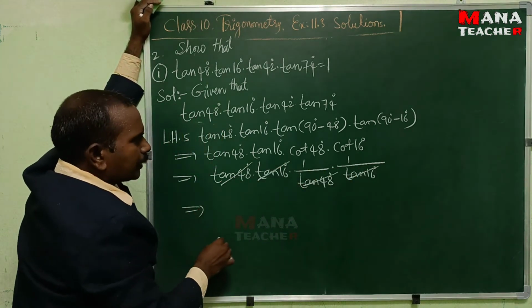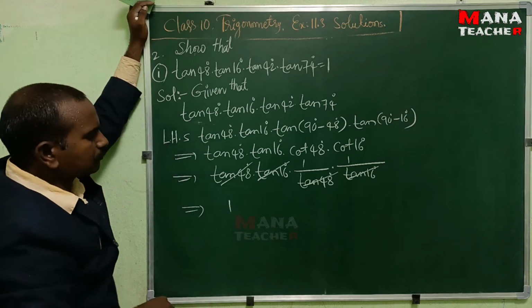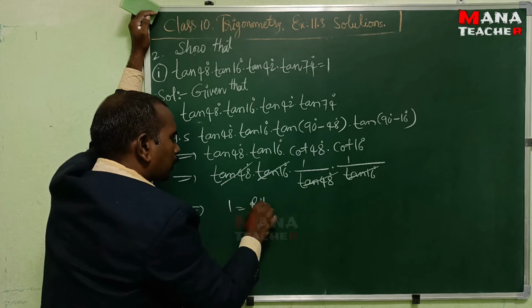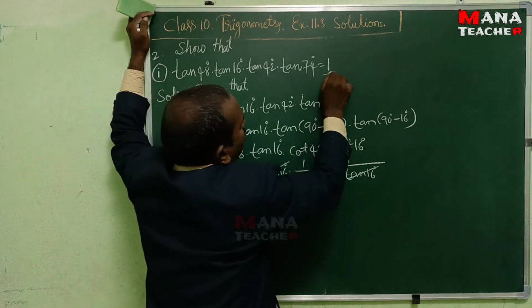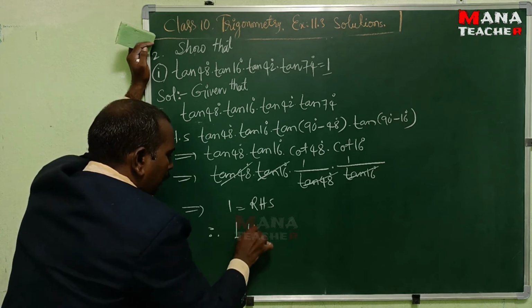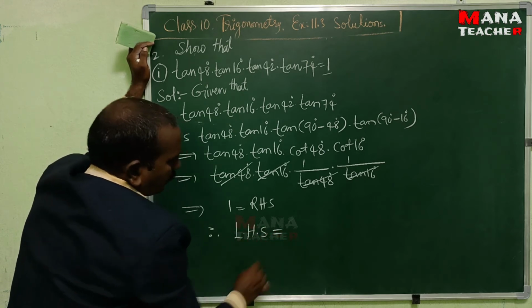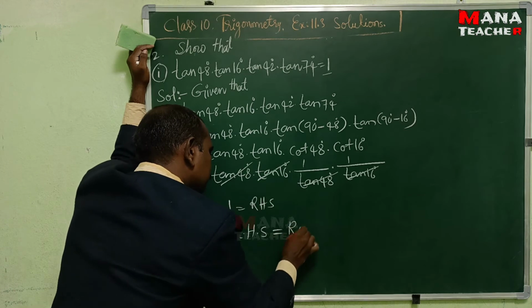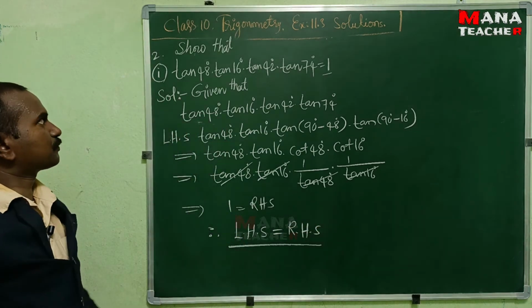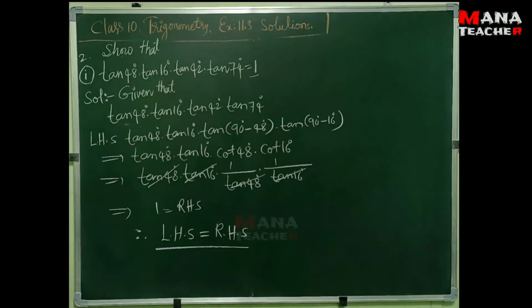So remaining is 1. So this equals RHS. What is given in the RHS? Therefore LHS equals RHS. This is the first problem.